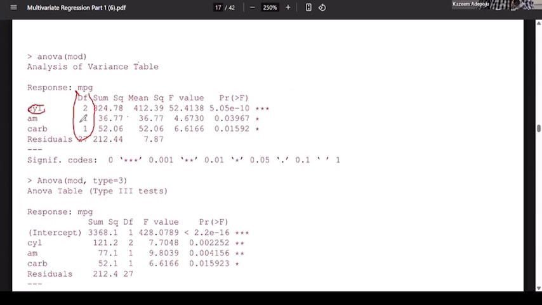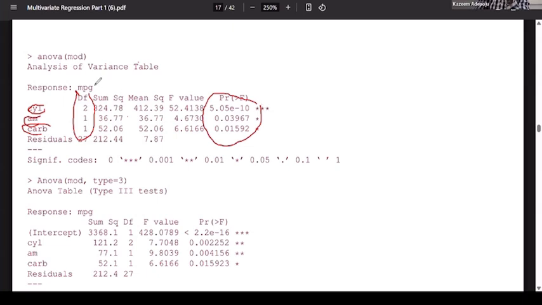The AM and the carb, where you see the degree of freedom to be 1, actually mean there are 2 levels of each. So the p-value here will enable you to measure the effect of cylinder on the MPG.